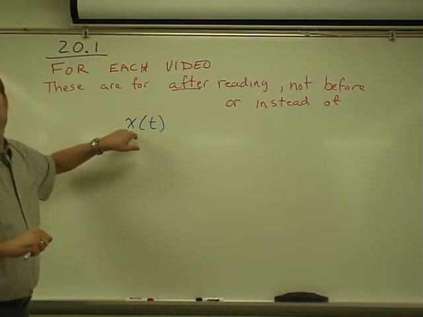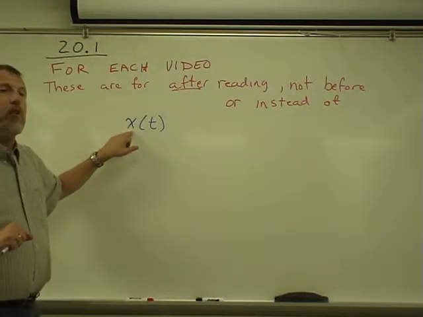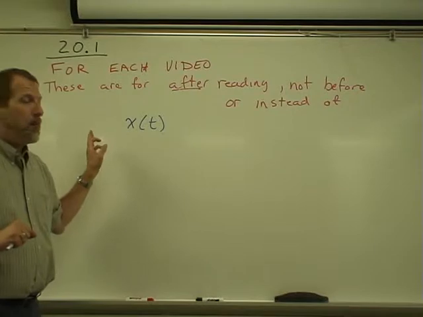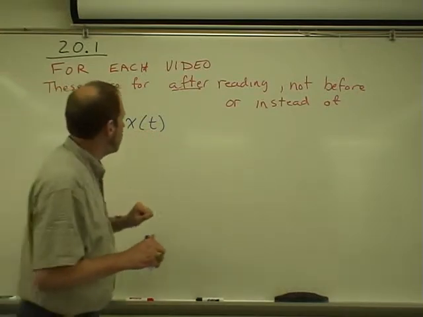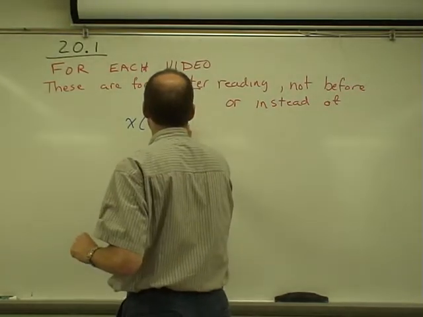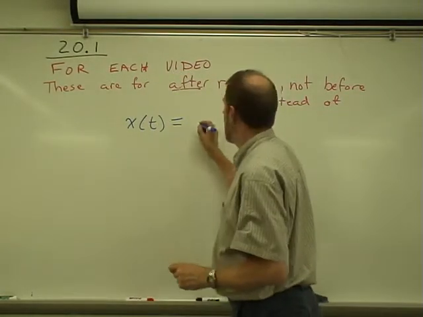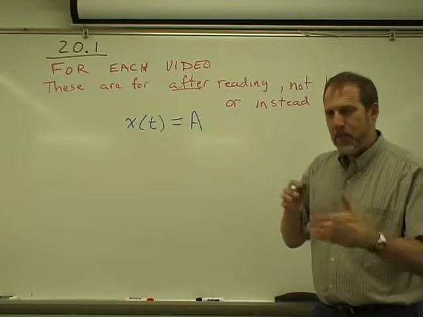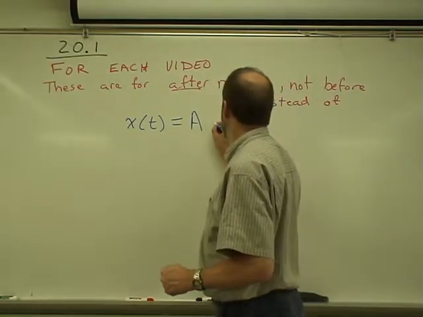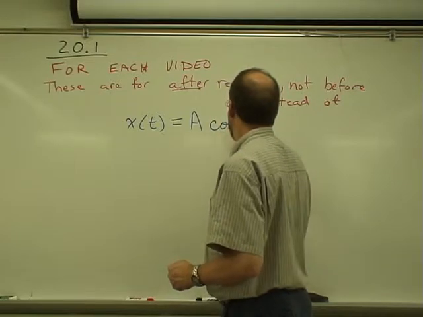Here, this is a displacement in time for oscillation, the work of chapter 14. This is one-dimensional motion. So oscillation as a function of time is given by some amplitude A, the maximum range of that oscillation, times the cosine.